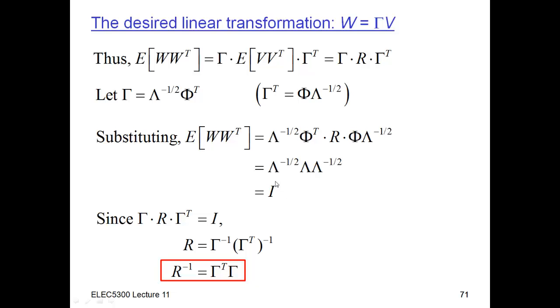You can also show that since gamma R gamma transpose is equal to the identity, I can left multiply by gamma inverse and right multiply by gamma transpose inverse. But gamma transpose inverse is just gamma, so R inverse is just equal to gamma transpose times gamma, by inverting these two and switching the order.